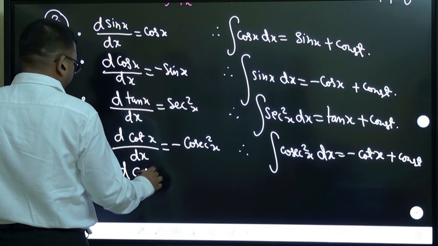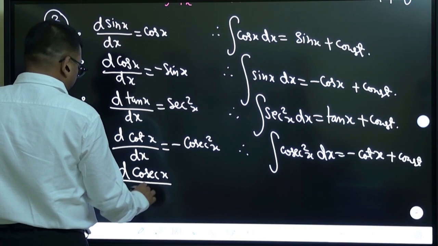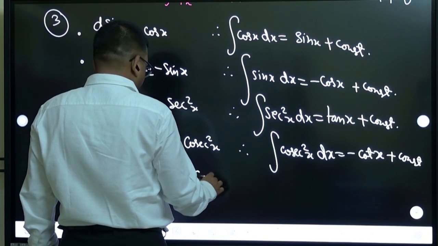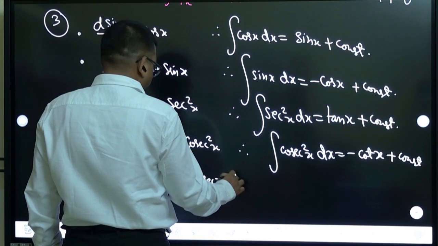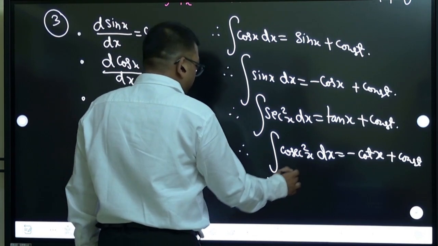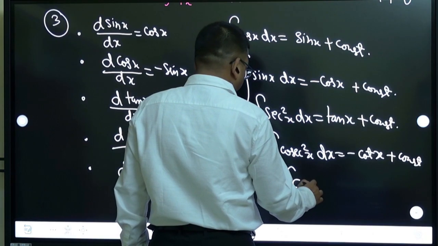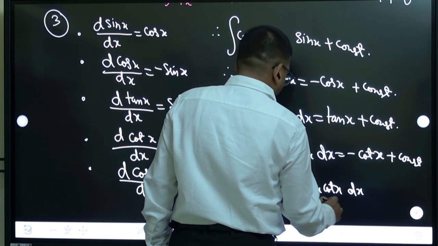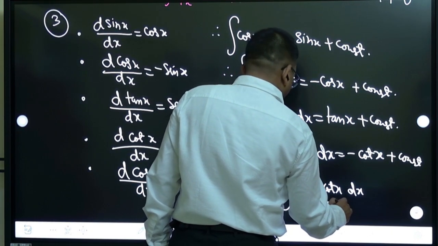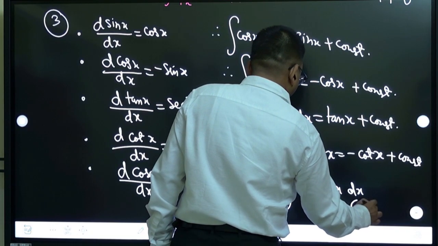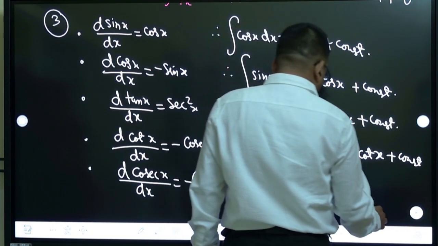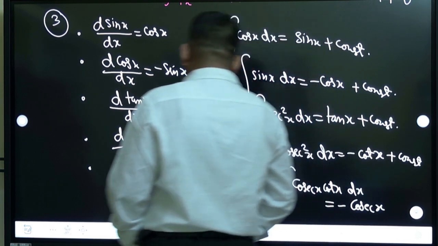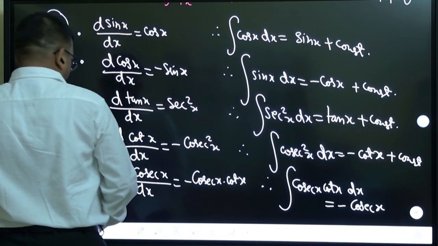Then next, cosecant x. Cosecant x differentiation is minus cosecant x into cot x. That is why integration of cosecant x cot x with respect to x gives us minus cosecant x, plus constant. Is this correct? Check that.